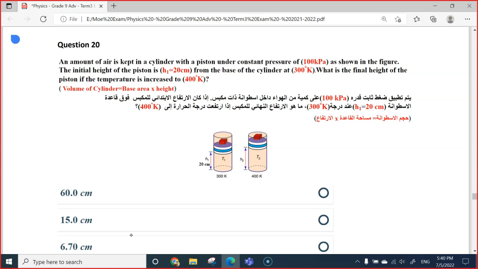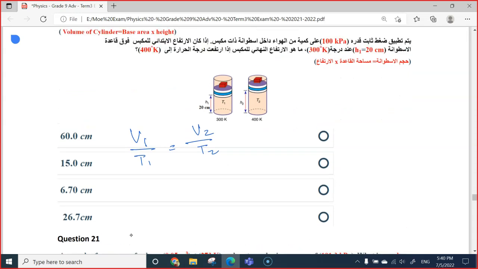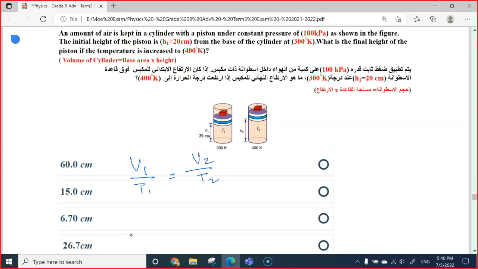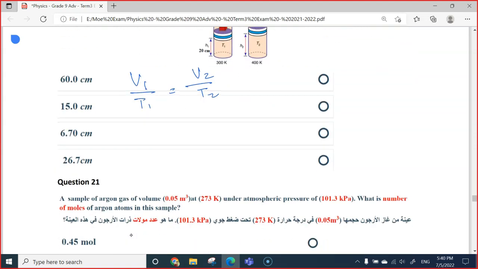That is Charles' law. So we can write V1 divided by T1 equal to V2 divided by T2. So here volume is given, instead of that length is given, and we are asked to calculate the final height, H2.